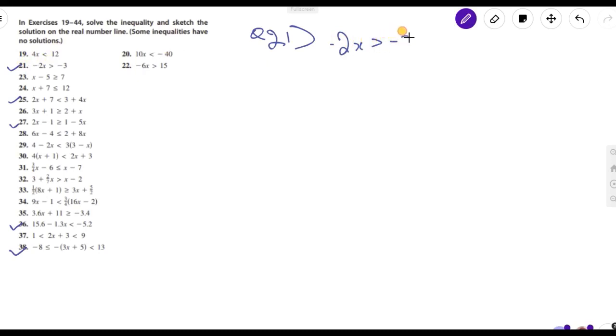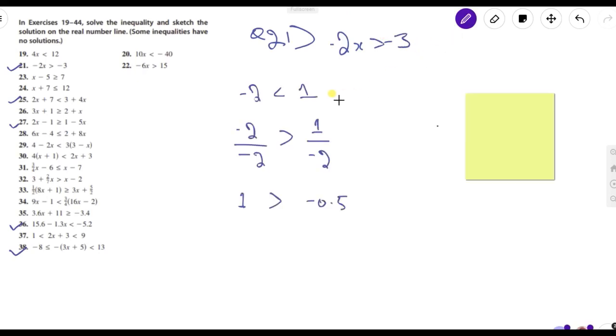Whenever you multiply both sides of the inequality by a negative number, or divide both sides of the inequality by a negative number, the inequality sign swaps every time. You can see the example here. Now let me undo this example and move on with the question. If I multiply both sides by negative 1, the sign is going to be reversed.